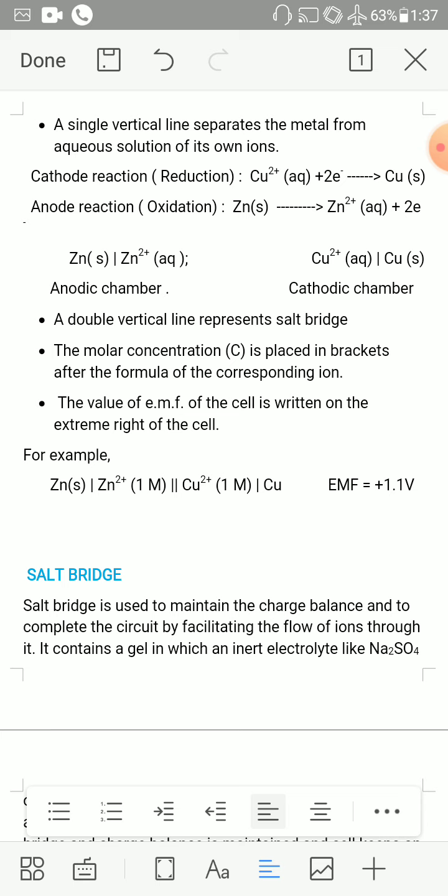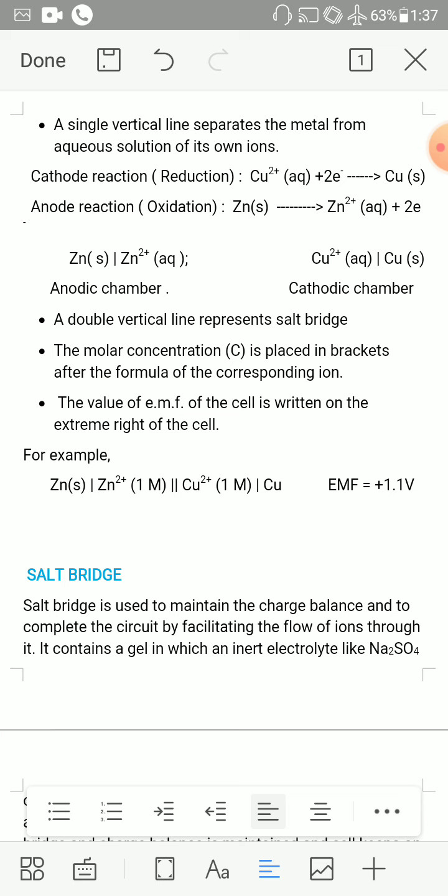So the anodic chamber or anodic half cell, or anode, can be represented as Zn, one single vertical line, Zn2 plus aqueous solution, and the cathodic chamber or cathodic half cell, or cathode, can be represented as copper 2 plus, one single vertical line, copper.